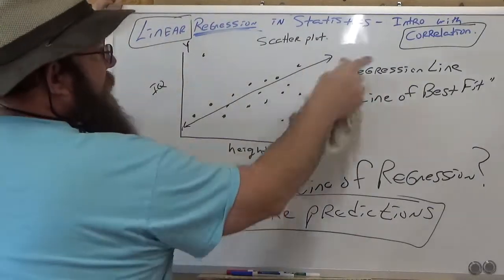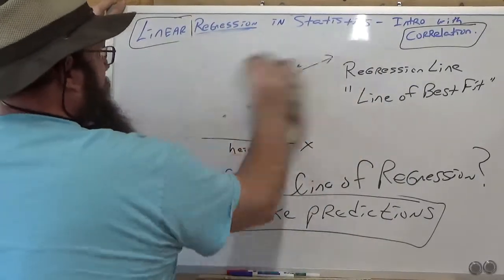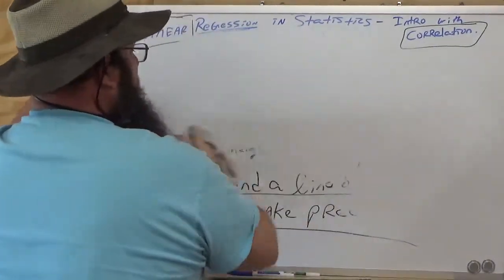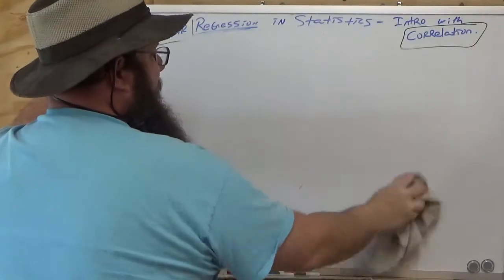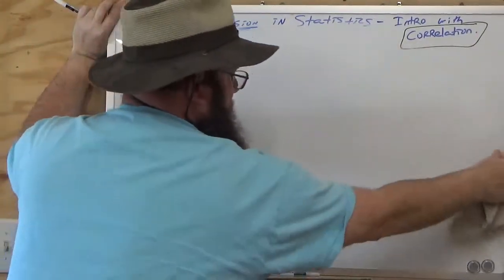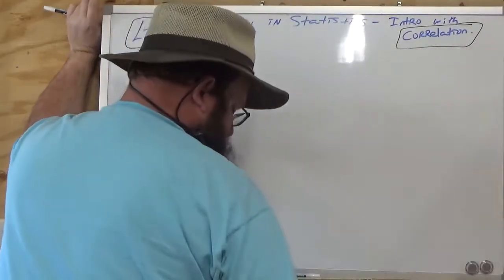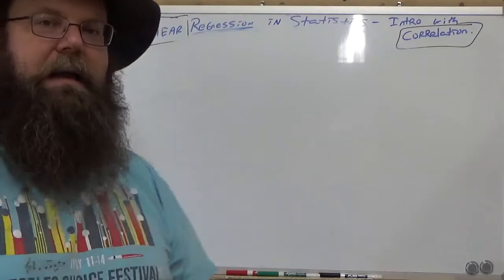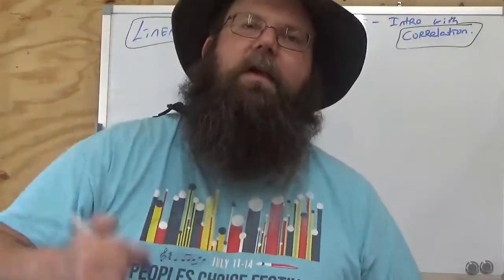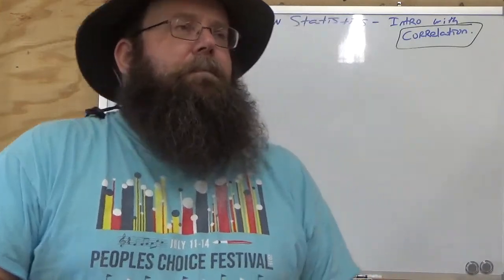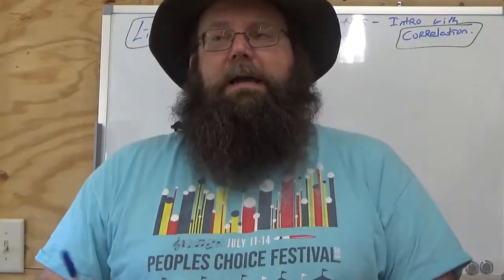So let's talk about correlation now really quick. Correlation. Now that's a word that mathematicians and statisticians have quantified over the years. And when I say that we've quantified it, it's one thing to say, well, there's a correlation between your height and your IQ.